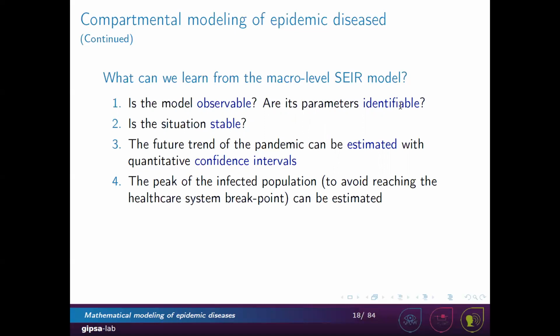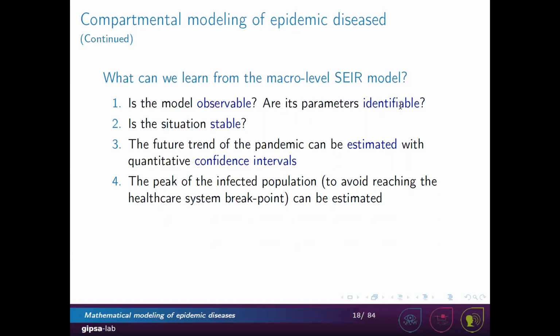We can also estimate the peak of the infected population. For instance, in the case of COVID-19, it is very critical to be able to predict the number of people who will be infected at a certain point in the future, because it is critical not to reach the break point of the healthcare system for any country.